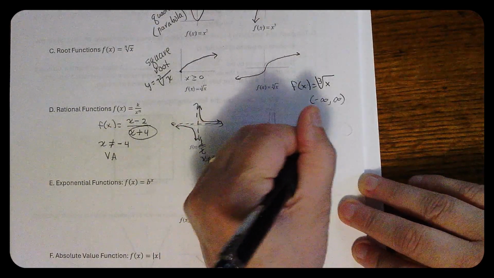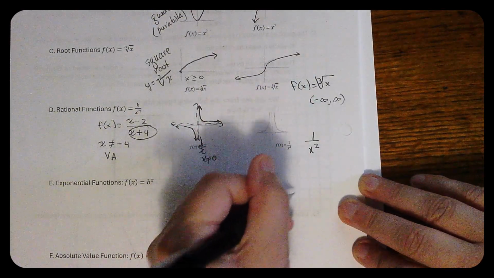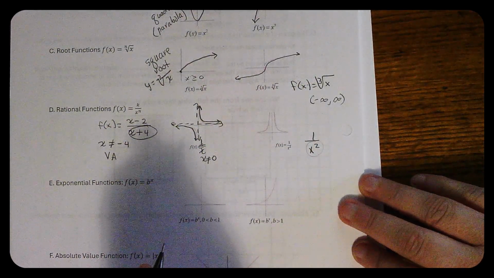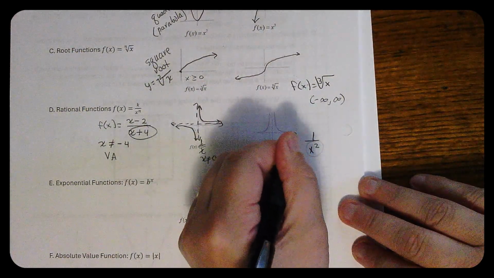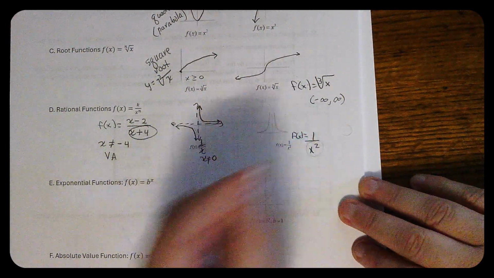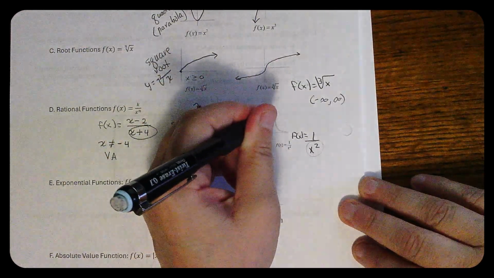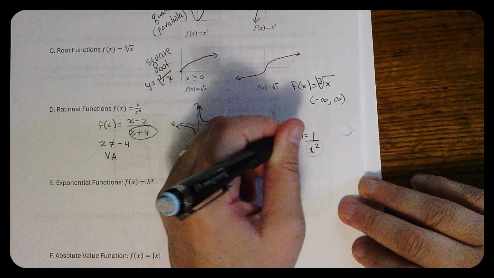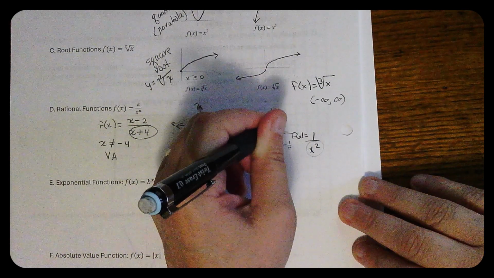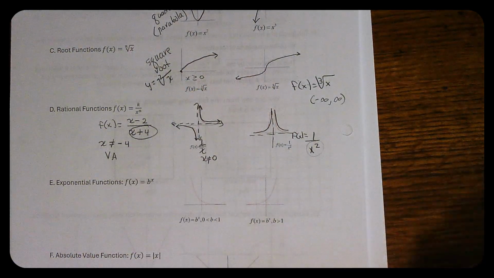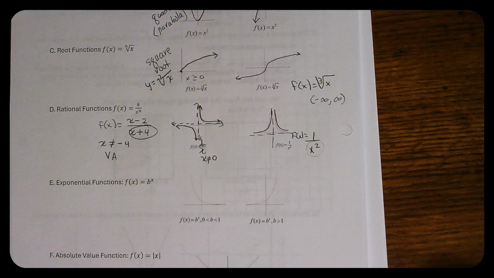You can even have 1 over x squared. That square keeps the output positive. So you still have a vertical asymptote, but your branches are both on the positive side of the x-axis.